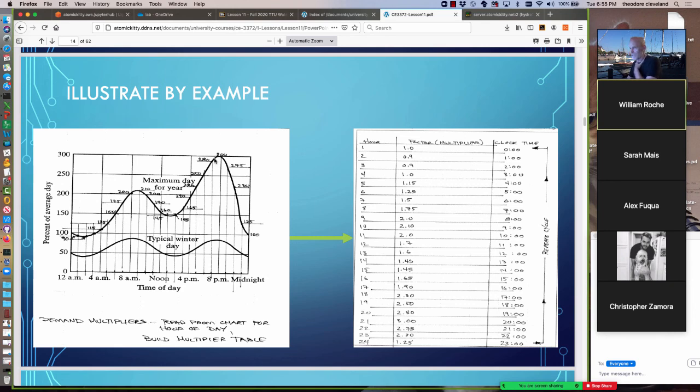But for extended period simulation, we probably want to use the maximum day because that's the most that the system is going to demand from our supply. Looking at this, it looks like a maximum day has nearly 2 times, maybe more, area under it than the artificial average day.